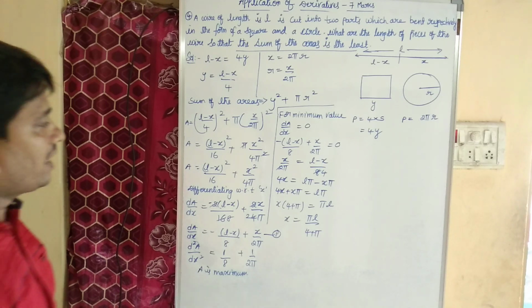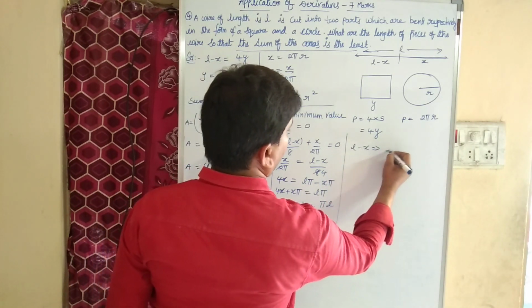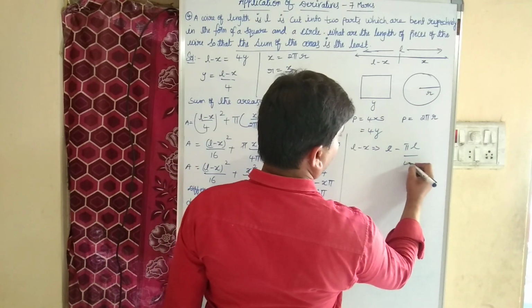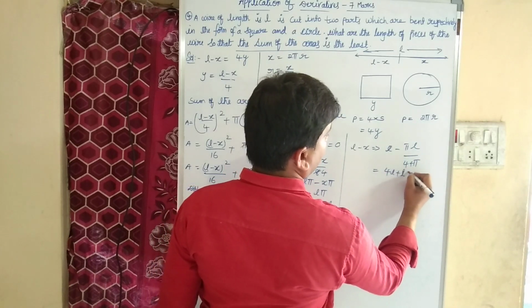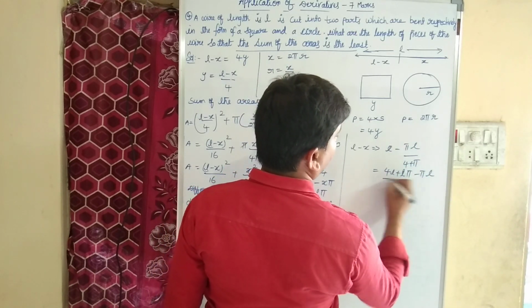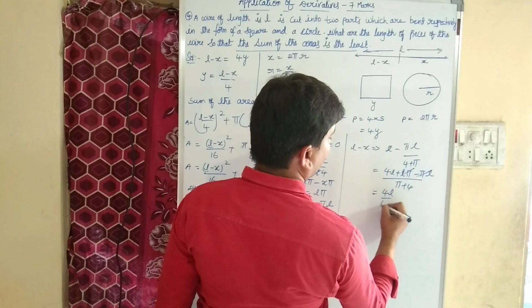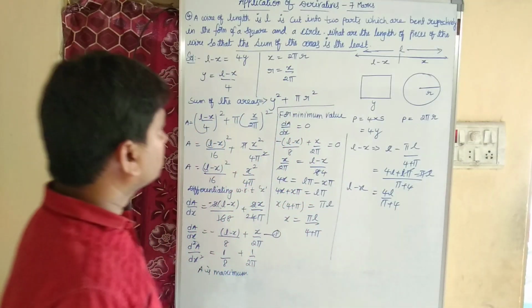First let me find L minus x. L minus pi L by (4 plus pi). This is 4L plus L pi minus pi L by (pi plus 4). Both get cancelled. 4L by (pi plus 4). That is the value of L minus x.